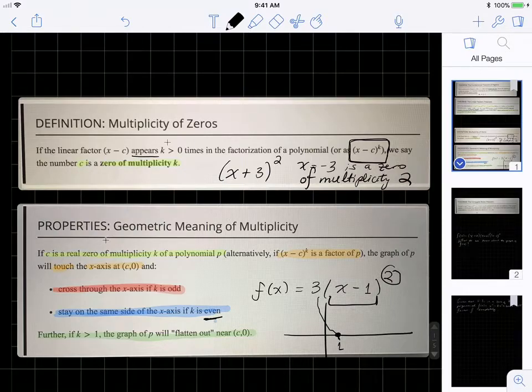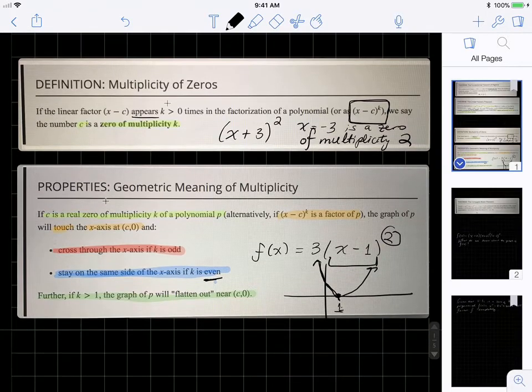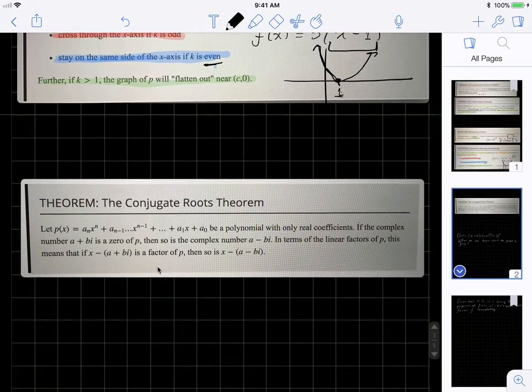It's going to touch right there at 1, and then it will sort of bounce and continue onward. So it's not crossing through the axis there. The same would have happened if I put a negative, which just would mean that it would be upside down, but again, it wouldn't cross the x-axis at 1, it would sort of just touch it.